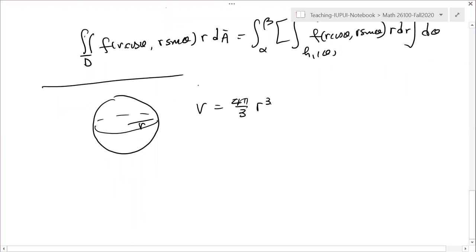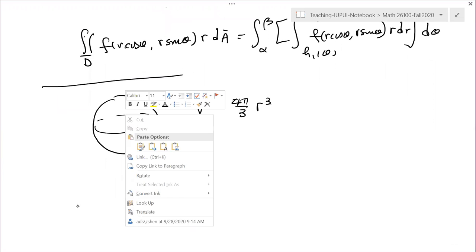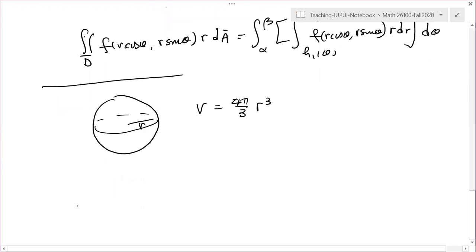How do I do that? I just need to figure out the volume of the upper hemisphere. Usually, ball means it's a solid, and sphere means the surface.